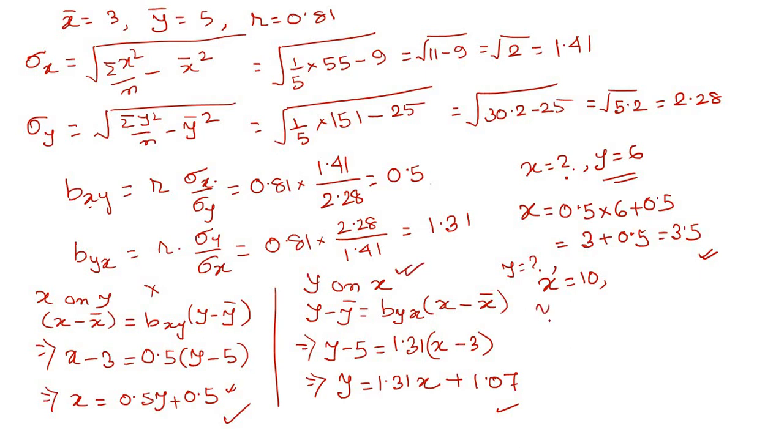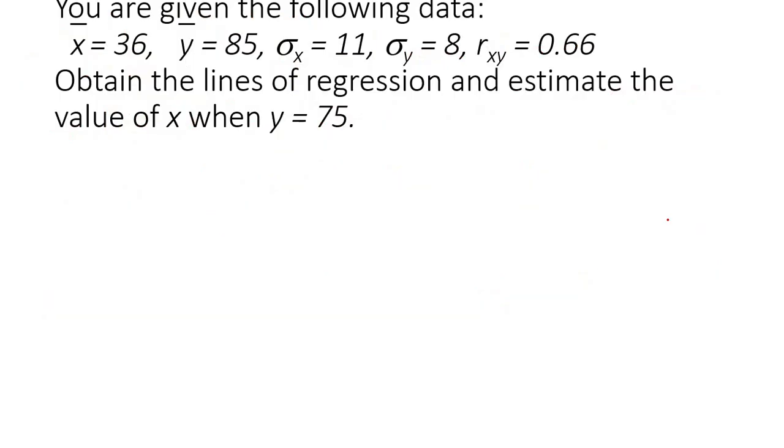So y equal to 1.31 into, here we replace the value of x, that is 10, plus 1.07. On computation it gives me 14.17. So when x equal to 10, y equal to 14.17, and when y was 6, x was 3.5. So that is how we complete the problem. We move on to the next one.